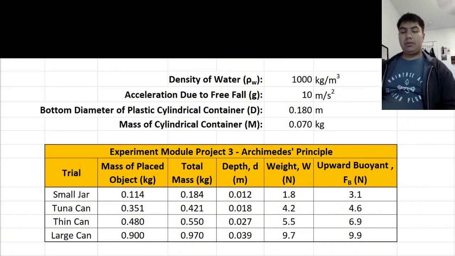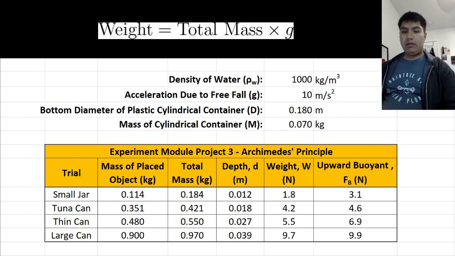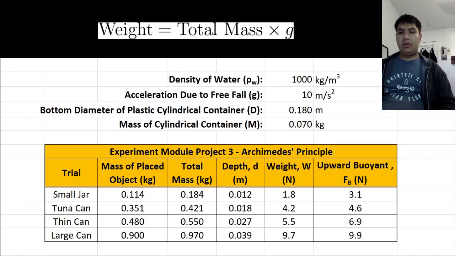The depth at which the container sat in the water was measured in meters. That's in the 4th column, and then to calculate the weight of both the container and the placed object, we have simply used the total mass and multiplied that by 10 meters per second squared.